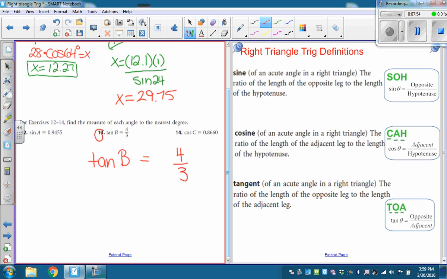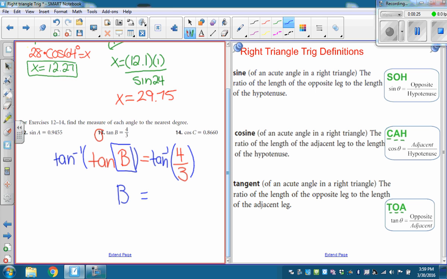I'm spacing this out because when you're trying to find the angle, you have to undo the trig function by using the inverse function. In other words, I'm going to take the inverse tangent of both sides, and that's how I write it. And then the inverse tangent of the tangent is just b, because inverse functions undo each other.